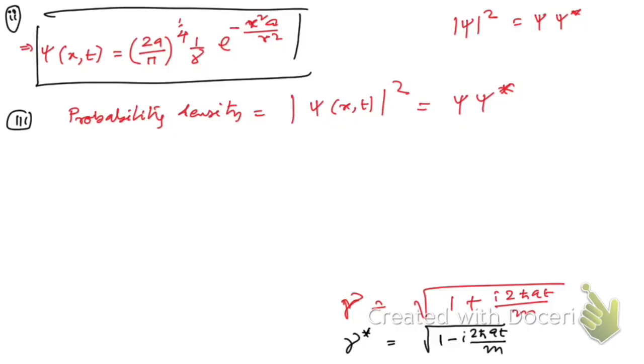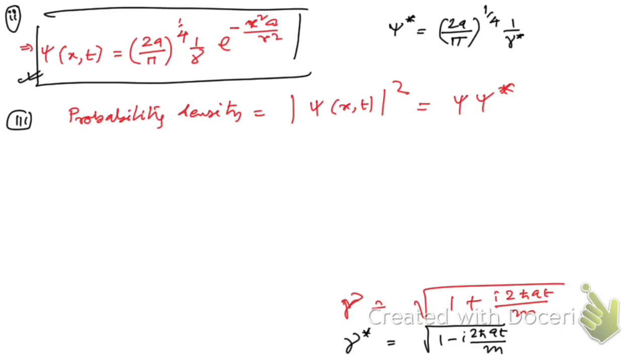So if this is psi, then psi star is going to be equal to, let me write here, therefore psi star will be equal to 2a by pi whole to the power 1 by 4, e to the power minus x square. Here we're gonna write gamma star to represent the complex conjugate of gamma, so 1 by gamma star.